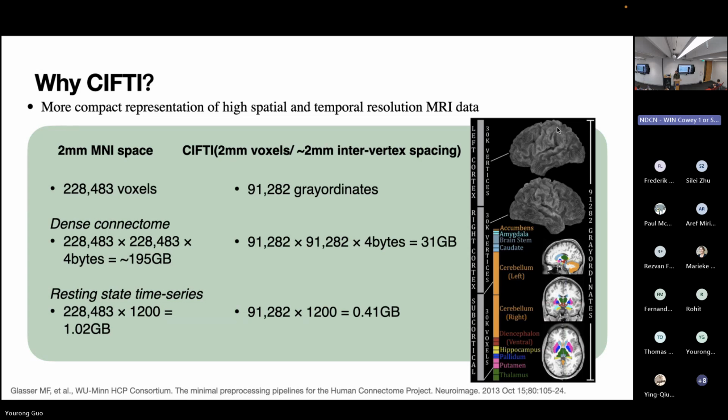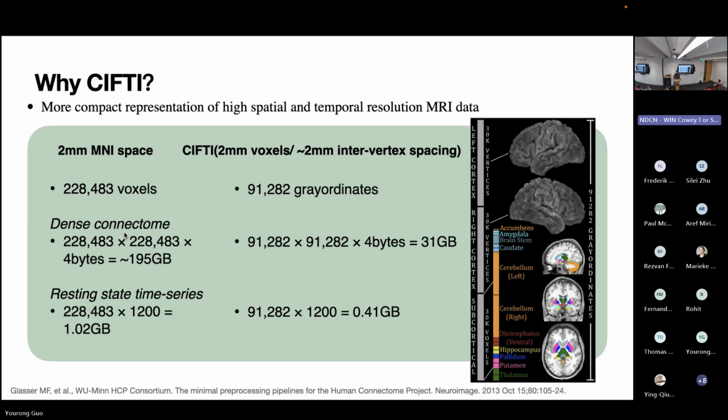This is the number of vertices plus the number of voxels, which here is only the subcortical gray matter volume voxels. So we're skipping all of the white matter voxels here. If you add them up, they are altogether called the grayordinates. And this is the number of the grayordinates. If you compare it with the traditional 2 millimeter analyze space volume, it's much less and it saves you a lot of space.